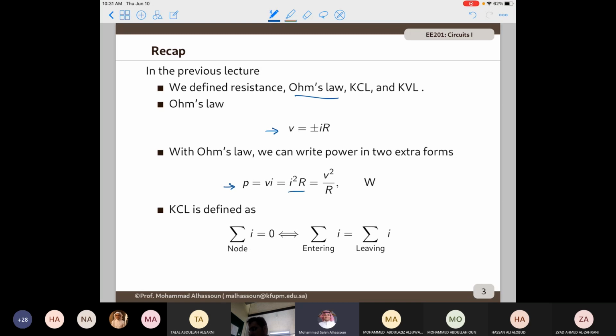The one before the last thing was introducing KCL. For KCL, the sum of all currents in any node is 0. This implies that the sum of the current entering must be equal to the sum of the current leaving.